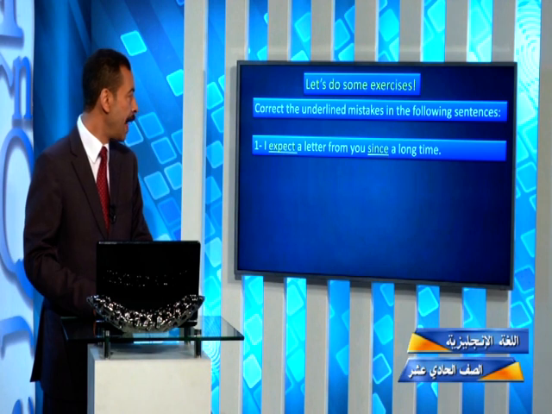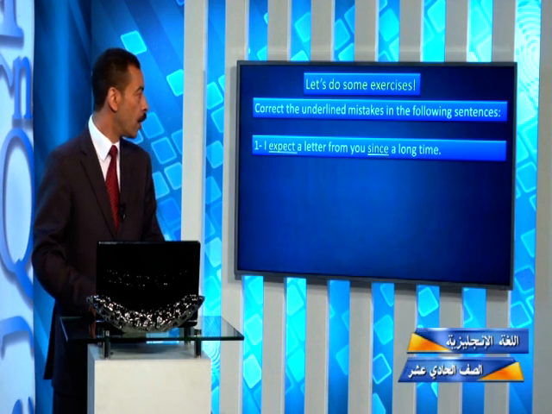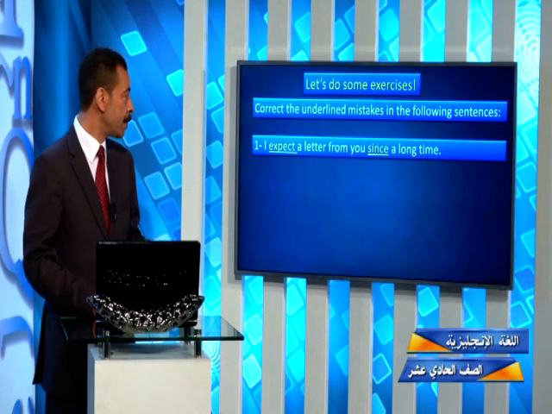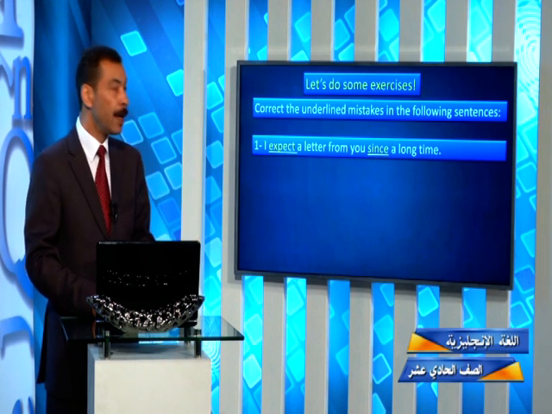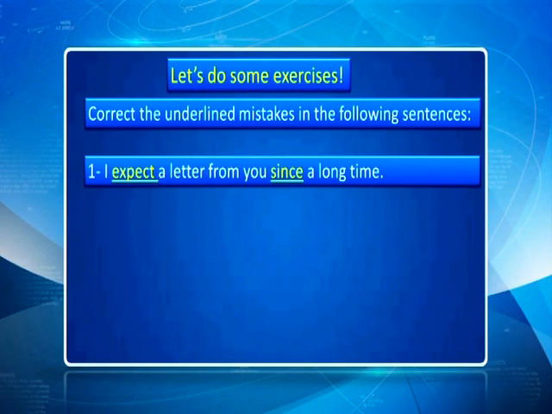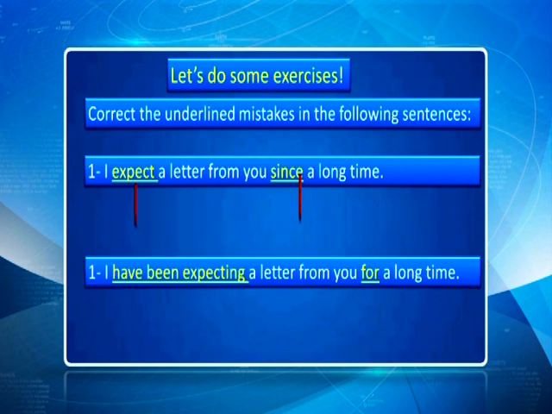Another example, I expect a letter from you since a long time. Again, we change expect and since. But here, notice that instead of the simple form, we need the progressive form of the verb expect. And the answer will be, I have been expecting a letter from you for a long time.